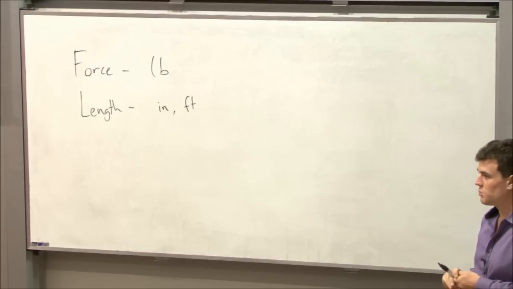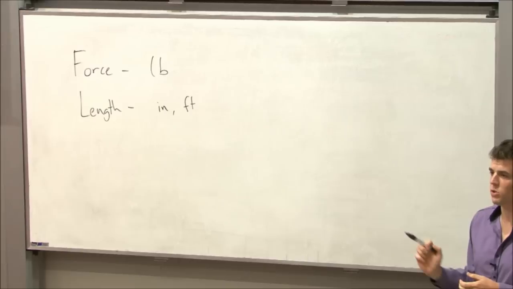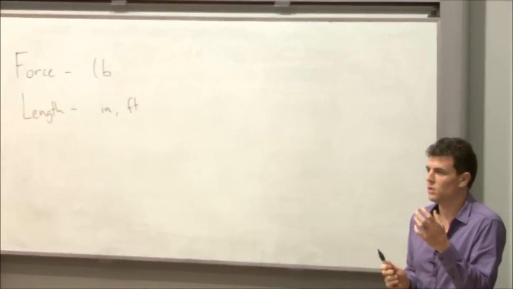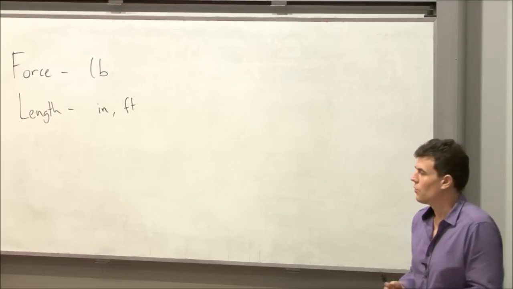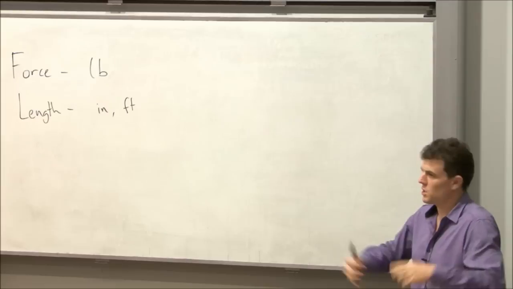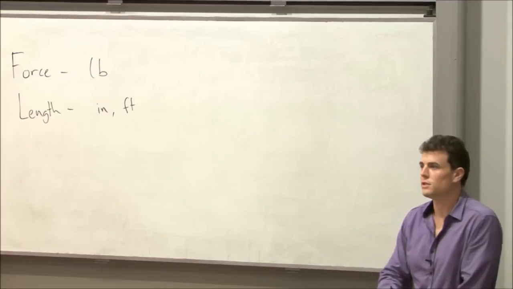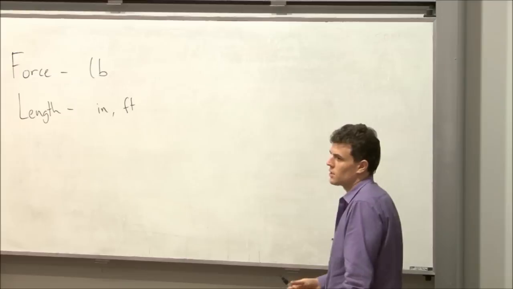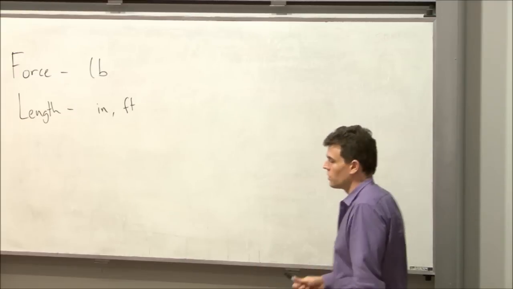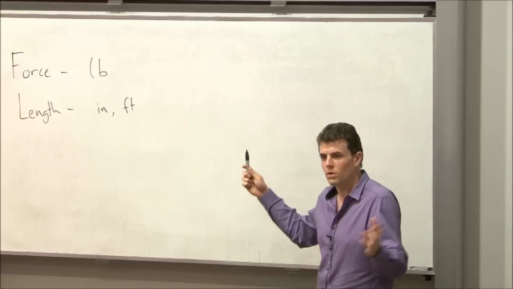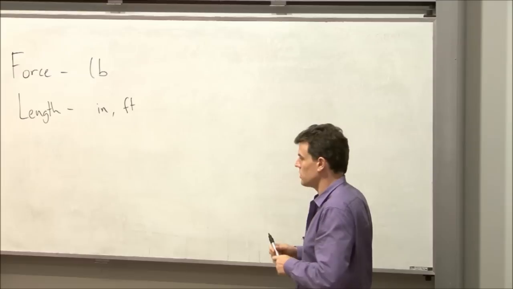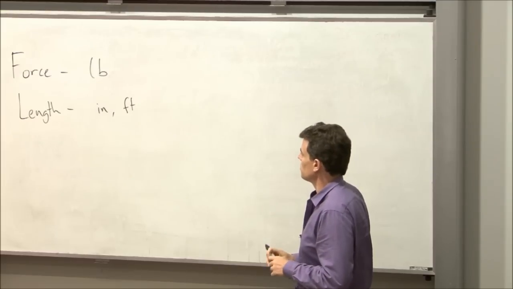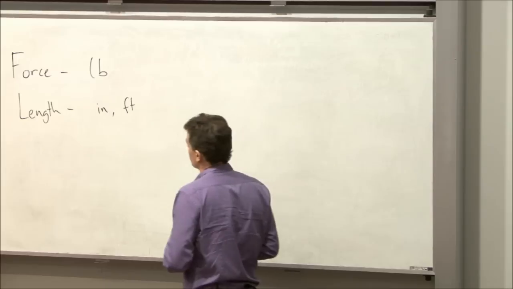For solid mechanics purposes, it's normally inches because we're talking about things measured in smaller units of area. For measuring dimensions of an aircraft, we're normally using feet, because it's just easier to say 200 feet than it is to say 1,300 inches or something along those lines. I didn't do that multiplication correctly in my head, so don't quote me on that.